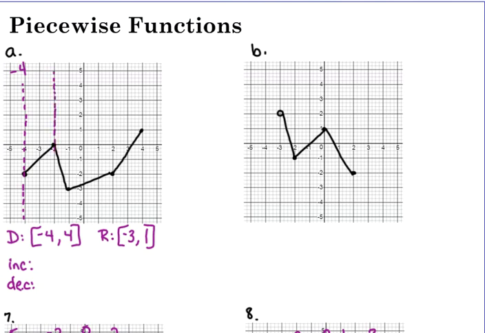So as we're tracing our function, it's going up, up, up until we get here at -2. It changes to decrease. It decreases until we get right here at -1. Then it increases. It does slightly change direction, but it's still increasing. And then our function ends at 4.